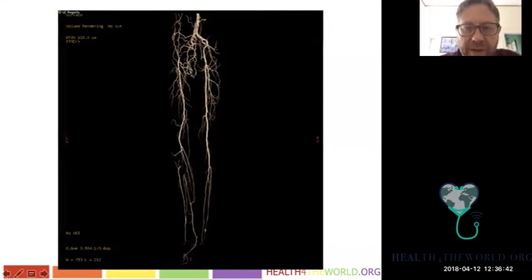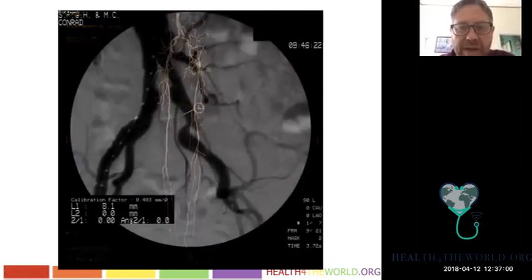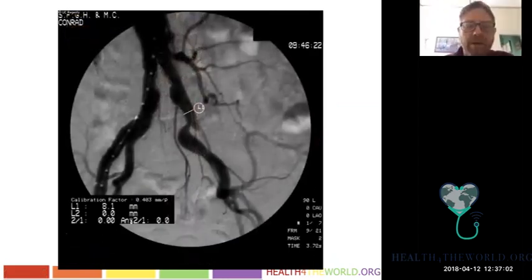This is the right common iliac artery, and there's nothing connecting these two. And then there's a spider webby pattern of vessels that are important collateral paths. And you don't see the same thing on the other side. So I'm looking at this and I'm thinking, I think this patient probably has a common iliac, an external iliac artery occlusion. And in fact, this patient does.